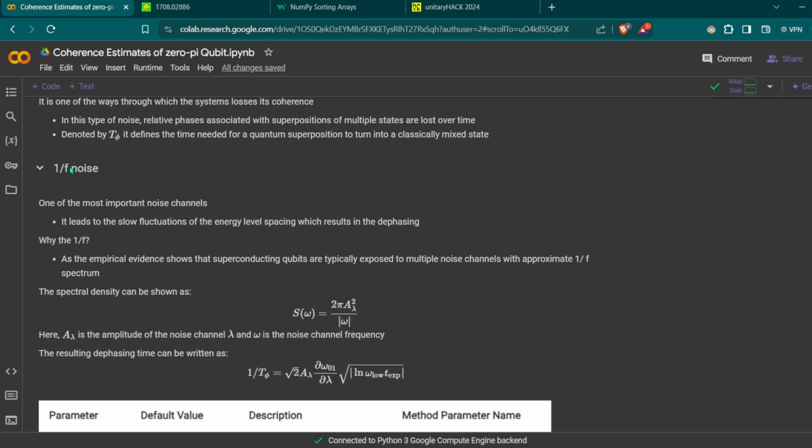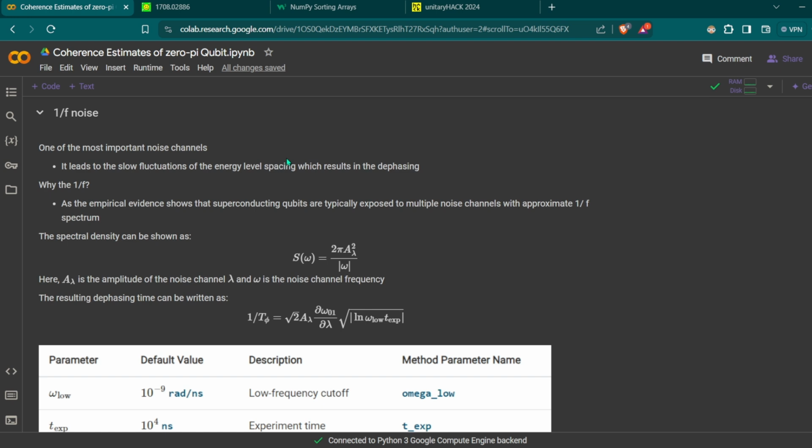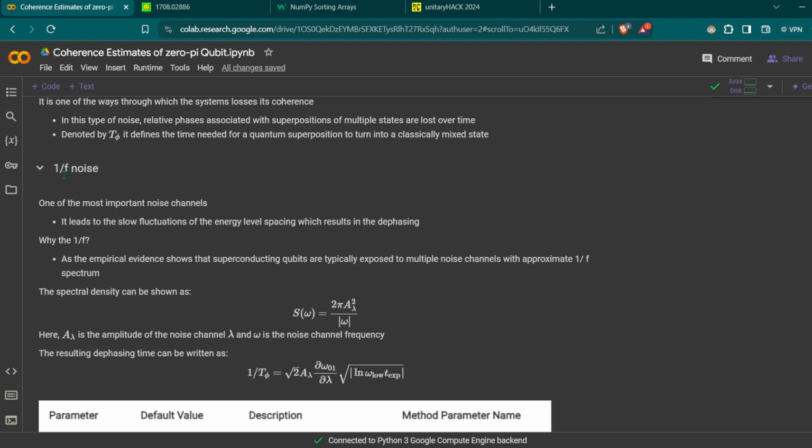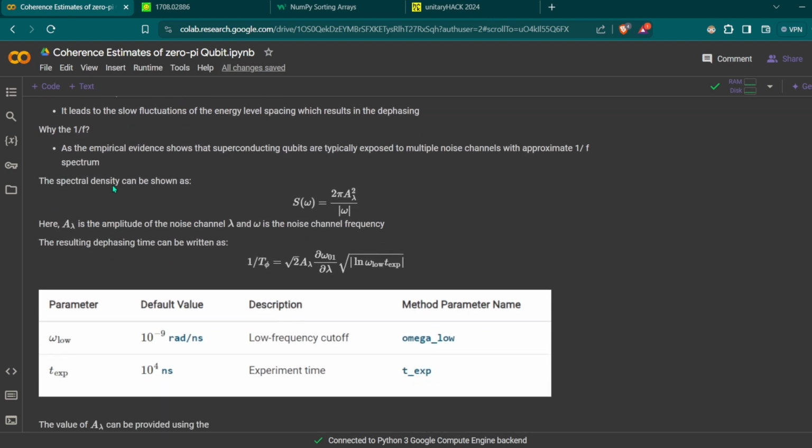Now there are different kinds of dephasing noises. One of the most important is the 1/f noise, and it leads to slow fluctuations of the energy level spacing, which results in the dephasing of the qubit. Why do we write this as 1/f? As empirical evidence shows, superconducting qubits are typically exposed to multiple noise channels with approximate 1/f spectrum, and because of that we have the name 1/f noise.